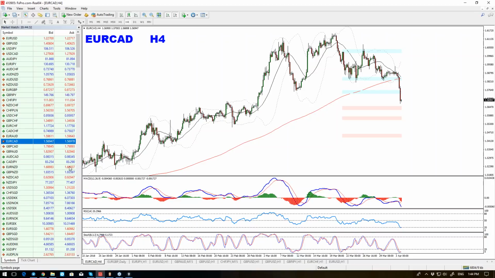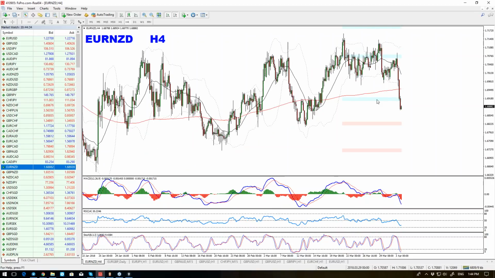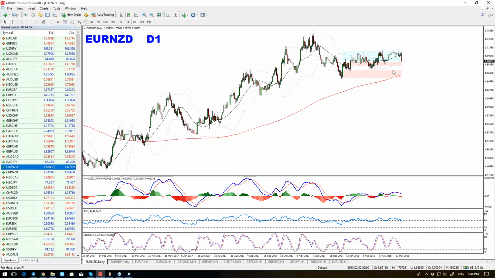Wonderful. Euro versus the Kiwi. We have been very neutral there for a while because of this ugliness. And now we have to pay attention to this breakout attempt. If this holds, this is a pretty nice formation for a possible continuation, I would say.